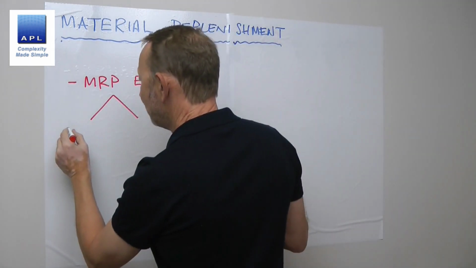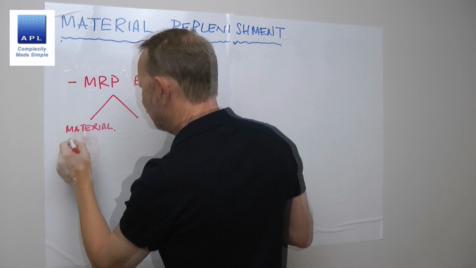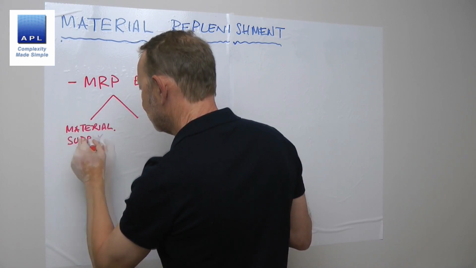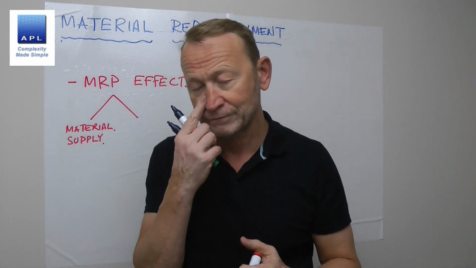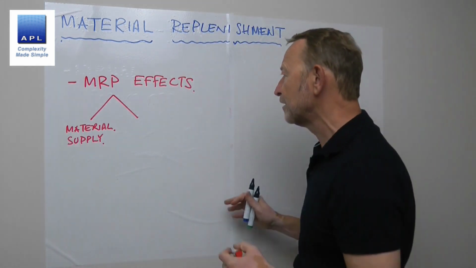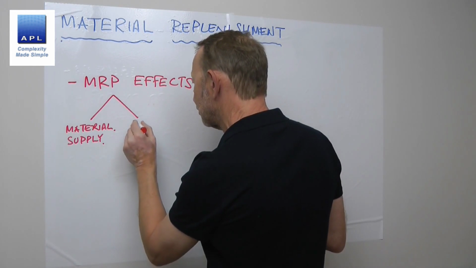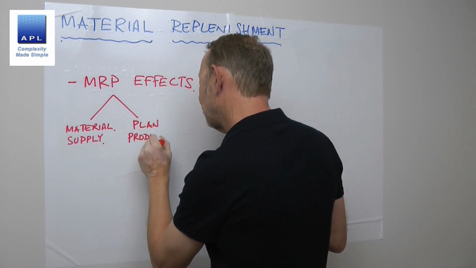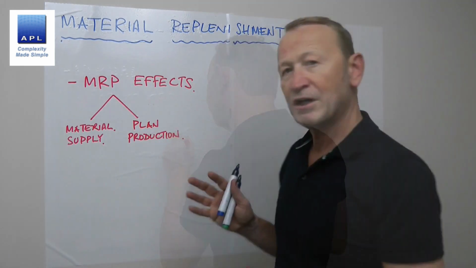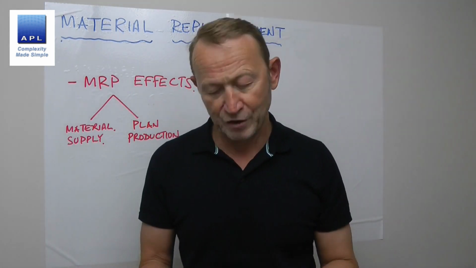You use your MRP for material supply, so buying things in from your suppliers, buying raw materials in, but you also use it to plan production. And they're the two things that you use your MRP for.